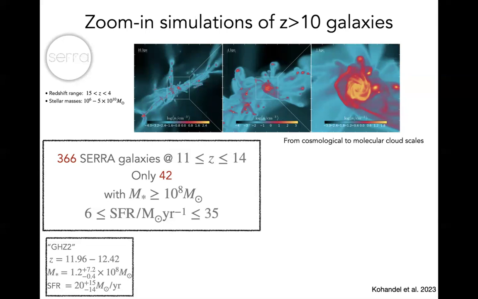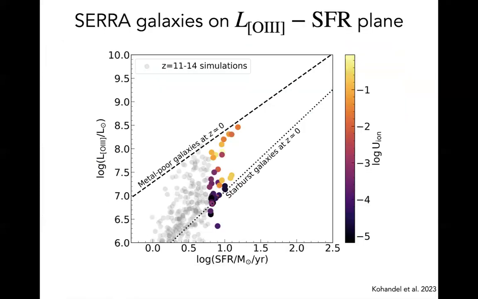We found 366 galaxies in this redshift range, but only 42 of them were sitting in the stellar mass and star formation range of the JWST detected galaxies. Our idea was to understand their far infrared properties, the O3 emission in particular. So we modeled their O3 emission line using some post-processing.